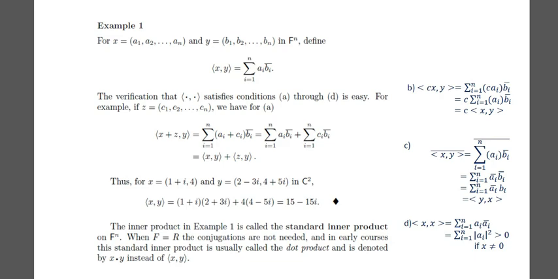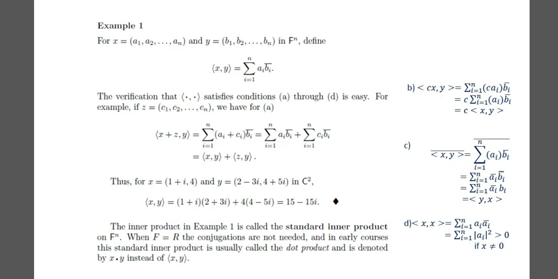Third part, the conjugate of the inner product of x, y is equal to the summation of the conjugate of a_i times conjugate of b_i. Now the conjugate of the conjugate of b_i is again b_i, so we get that this is equal to the summation of the conjugate of a_i times b_i, which is equal to the inner product of y, x.